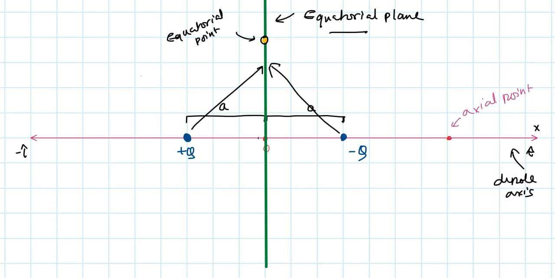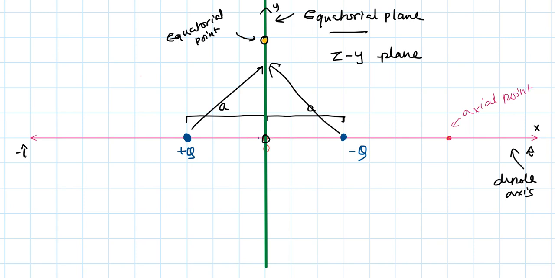If this is the x-axis, then this will be the y-axis in the upward direction, and piercing out of the screen towards you, you will have your z axis. So the plane is actually the zy plane. Your equatorial plane is the zy plane.